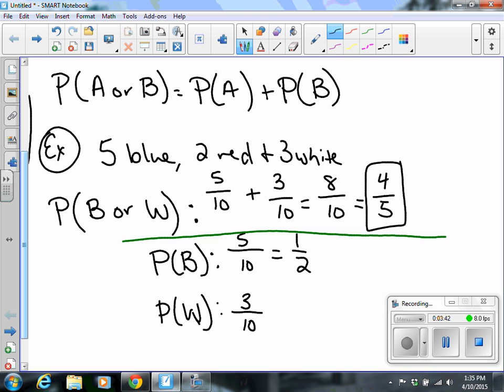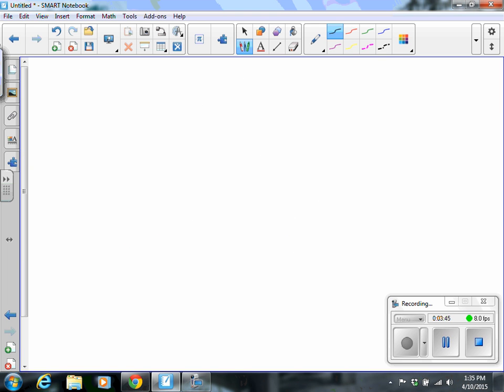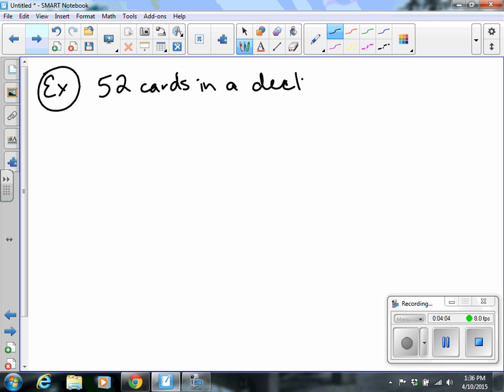So let's say that I have instead I have a deck of cards. Just a helpful hint, there are 52 cards in a deck. And there's 13 of each suit. Let's say that I'm looking for the probability of a 5 or an ace.